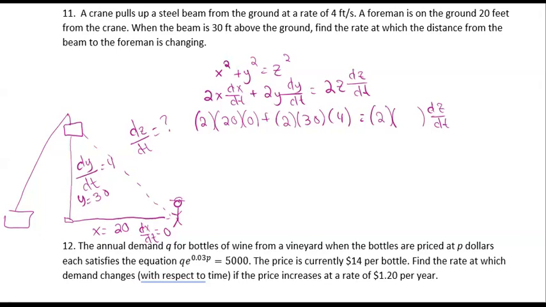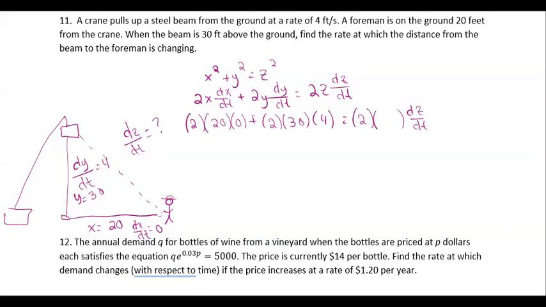All right, well, I don't have z. How am I going to figure out z? Well, we know a little bit of information. We know that when y is 30, x is 20, because the foreman's not moving. So if we go back to our original equation, x squared plus y squared is equal to z squared. We know x is 20 squared, plus we know y is 30 squared, and we're trying to find z squared.